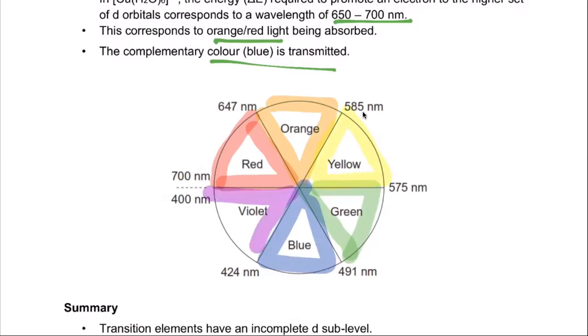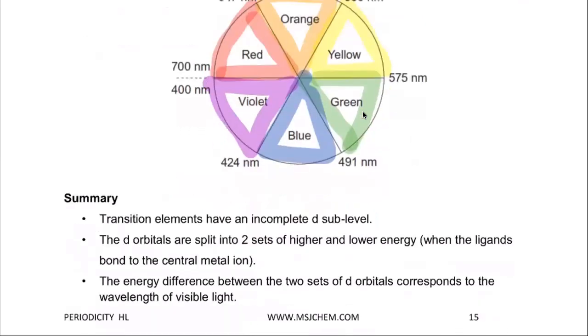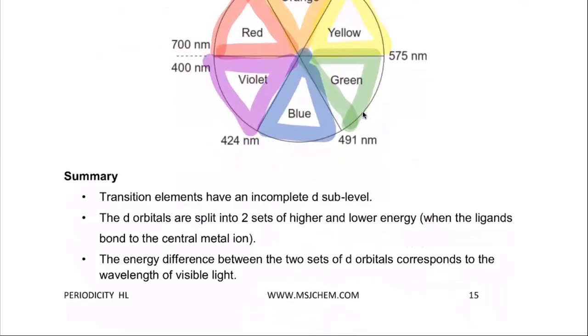And so whatever light color we see, the opposite or the complementary color is what is being absorbed. And so those are the wavelengths of light that are being absorbed that you could use to calculate the amount of energy. Our basic takeaways from this are that because the transition elements have that incomplete d sublevel, that causes them to be split into 2 sets of higher and lower energy when a ligand comes and tries to bond to the central metal ion.